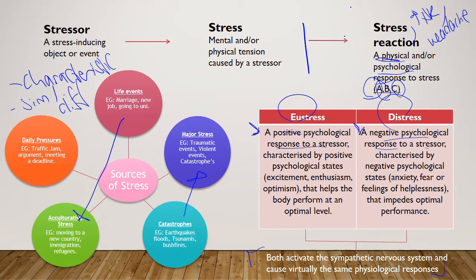Differences might be that daily pressures tend to be just negative, whereas life events can be both positive or negative, okay? We might also say that life events tend to be ongoing, whereas daily pressures tend to be short term, okay? So I would just make sure I know 1 similarity and 2 differences for each of these sources of stress, okay? What you might do is look at the mind map that we did together in class, and see if you can use that to help you come up with those similarities and differences.